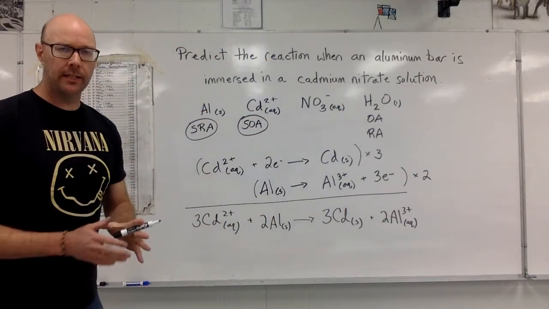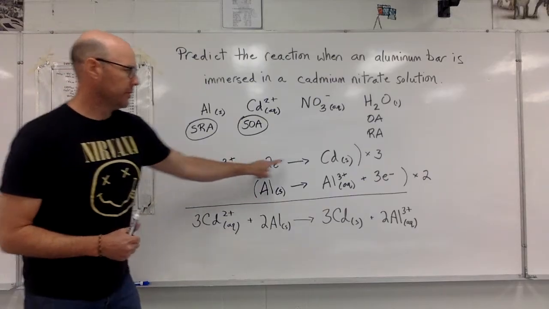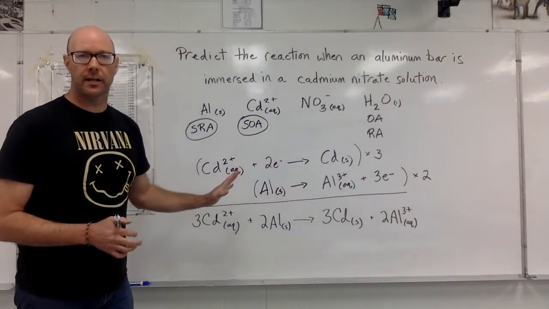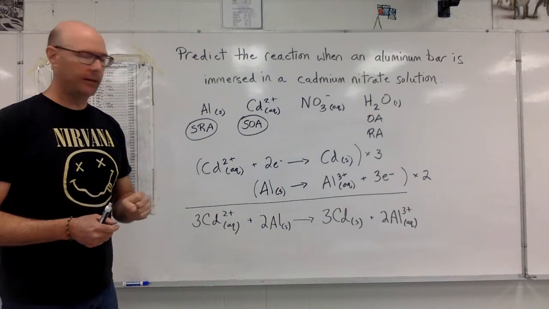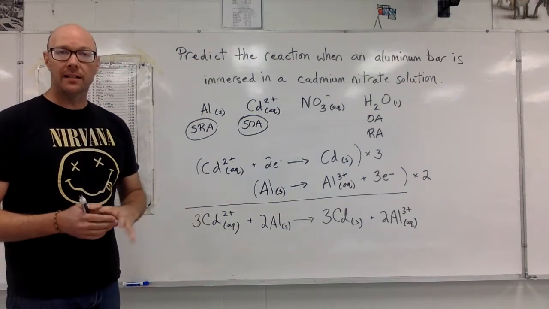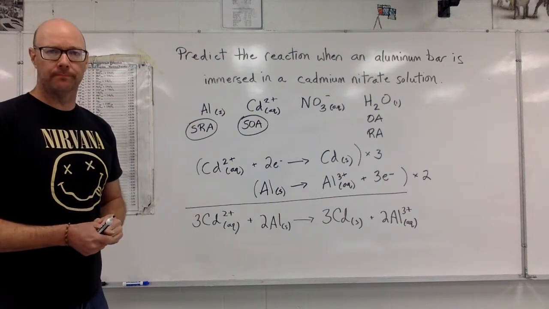There's no canceling here aside from the electrons. They're the same thing on opposite sides of the arrow. They all cancel off. And we were left with a balanced net ionic equation.